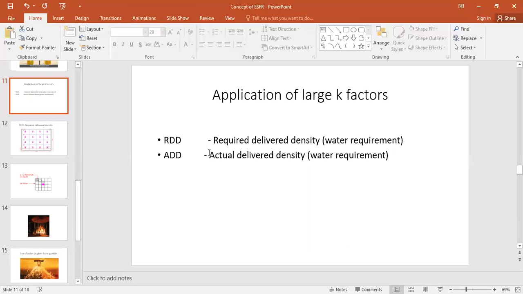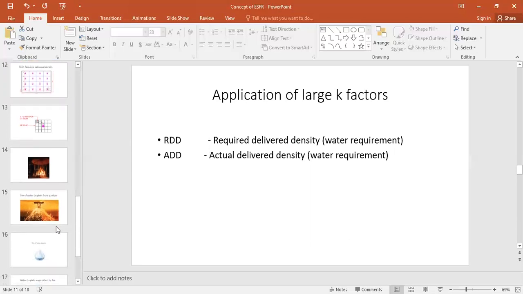Consequently the fire will spread more, cause more damage, and result in total failure. This is the reason high ceiling height areas require larger K factors, which result in larger droplets.